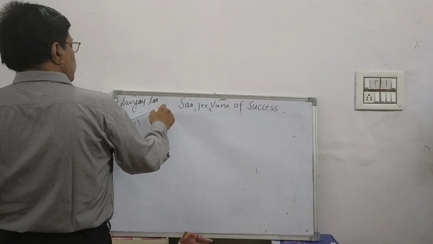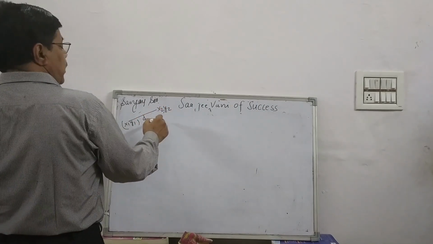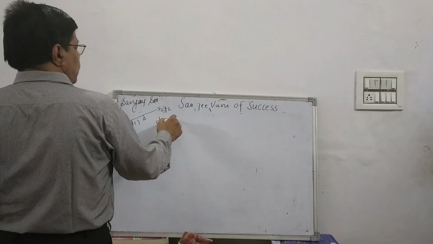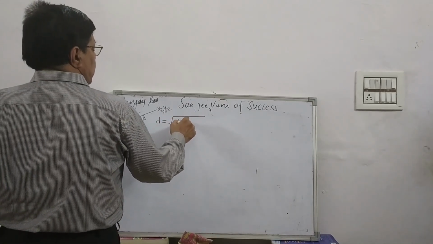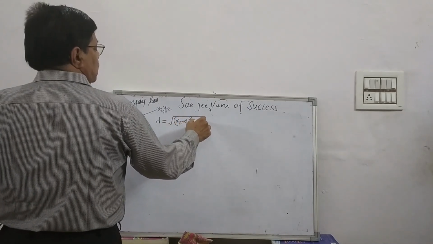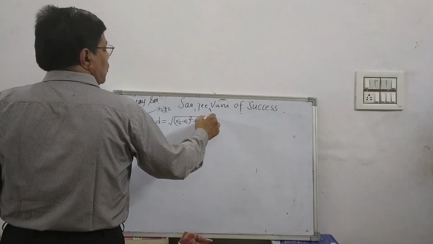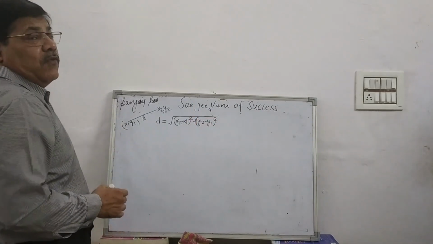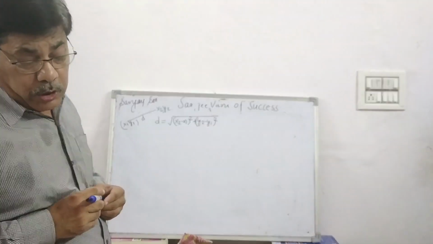This is x2, y2. Distance between them is d. Then find out the formula. You will use this formula: under root, x2 minus x1 whole square plus y2 minus y1 whole square. So this is the formula for finding out the distance between 2 points.